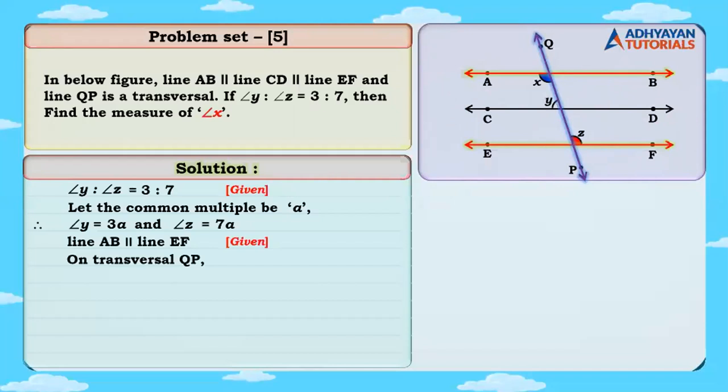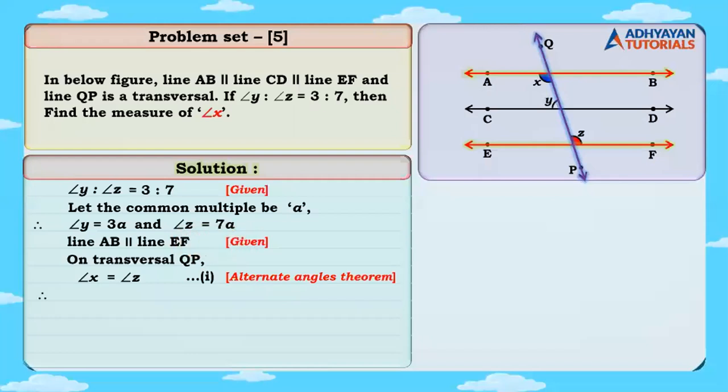Tell me one thing, what should be the reason here? Should it be the alternate angle test or the alternate angle theorem? Think before you answer. Here 2 lines are parallel is the given information, right? The reason has to be the alternate angles theorem and we mark it as equation number 1. Children, we have already found the value of Z as 7A.